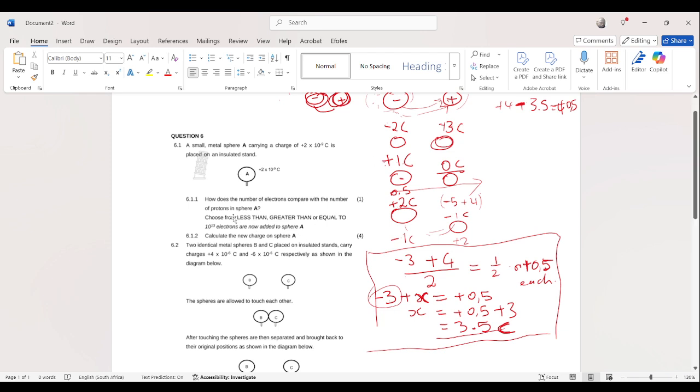They said choose from less than, greater than, or equal to. Less than. Meaning, do we have more electrons than protons on A?